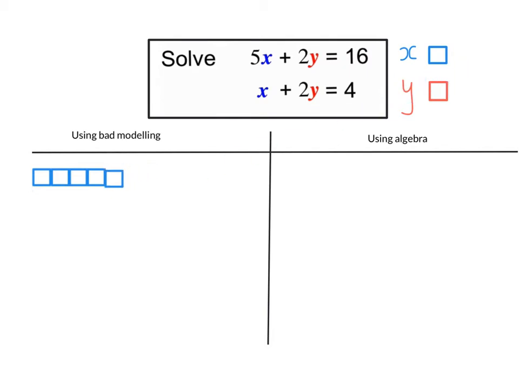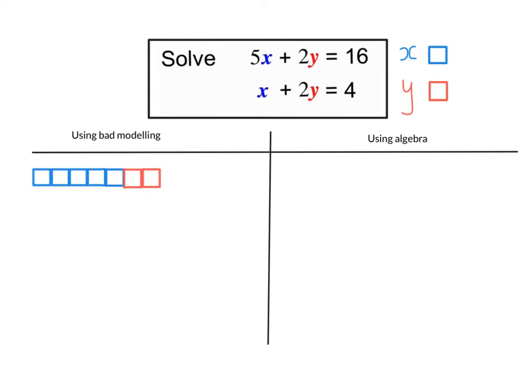So that's 5x, and I also need 2y. So that's the red boxes. 1 and 2. Okay, so there's my top line sorted.